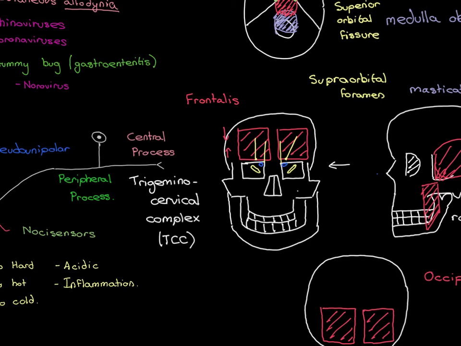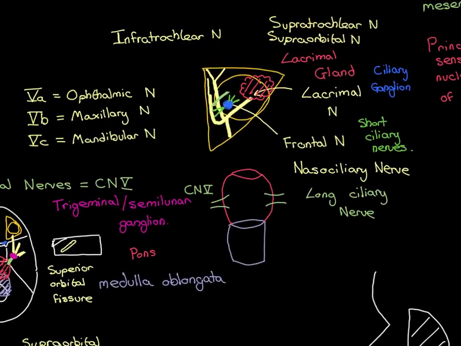We need to discuss how sensory information from the back of the head and also from the neck regions is conveyed into the central nervous system, and how it's conveyed up to the primary somatosensory cortex before we can understand this trigeminocervical complex. This is the structure that brings in all nociceptive information from the head and neck region. So it's obviously very important for us to understand that.